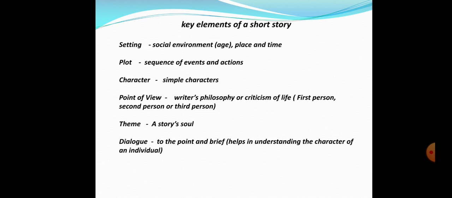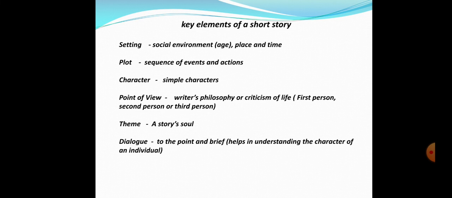Besides these, there are other elements also, like exposition and climax, etc. But here I am going to discuss the 6 key elements of a short story. Number 1 is setting. This means the time when the story occurs and the place where it occurs. So it provides a kind of background to the story.